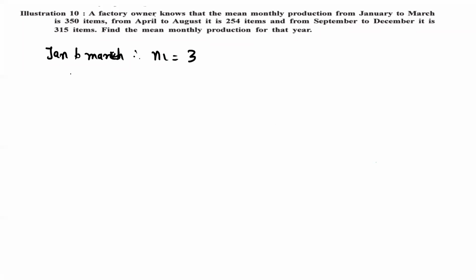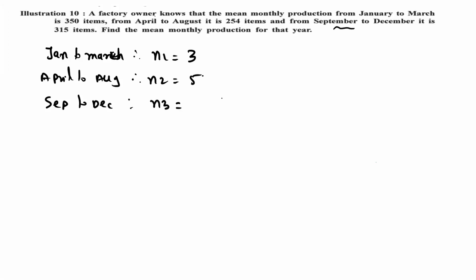Then they are saying from April to August: April, May, June, July, August. N2 equals 5 months. And from September to December, count it. N3 equals 4 months.